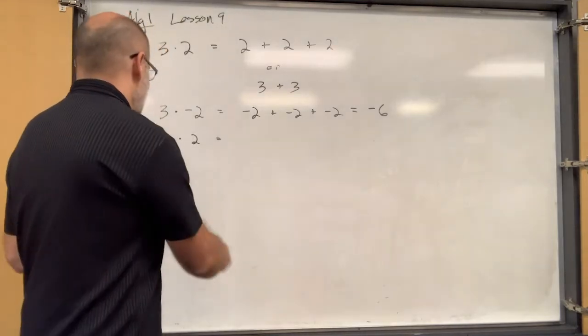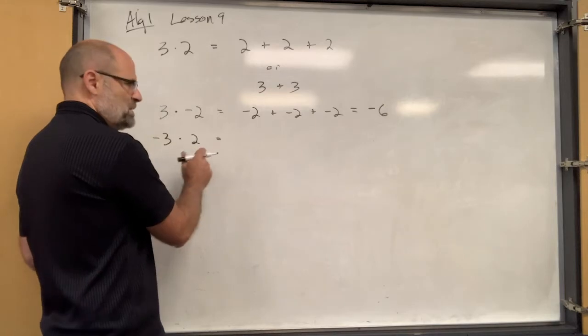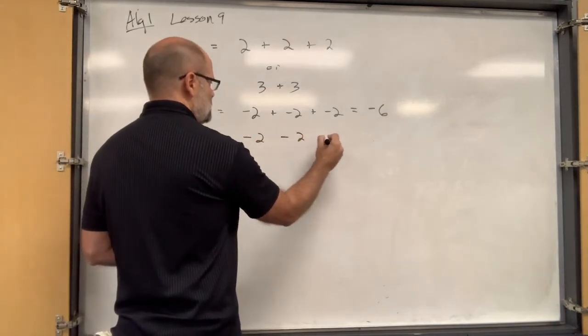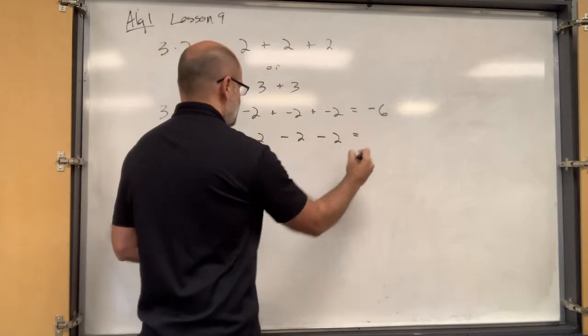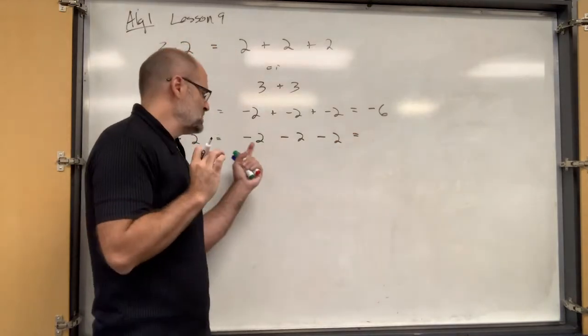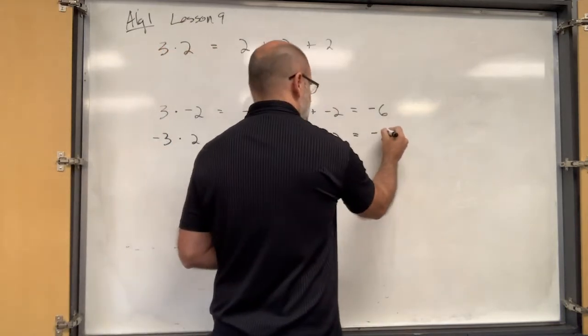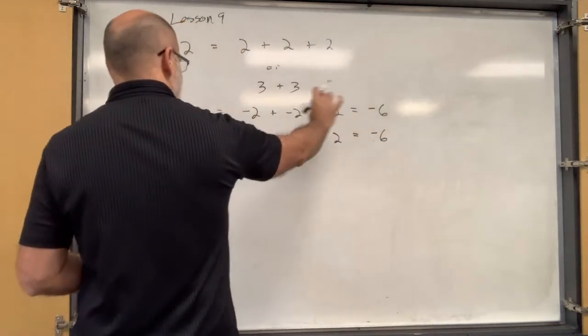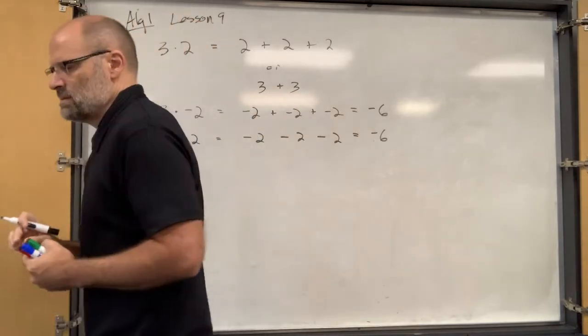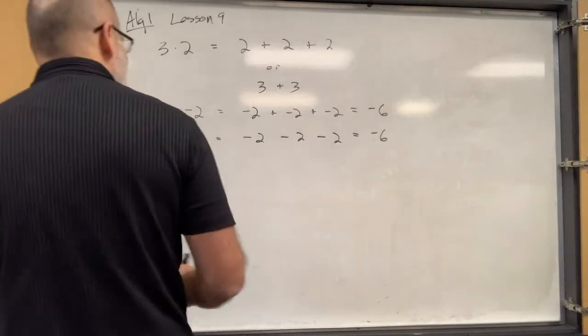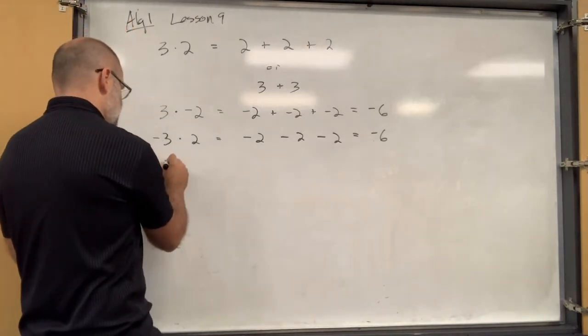Subtraction. So if I'm gonna have -3 2's, I'm gonna subtract 2, subtract 2, subtract 2. So if you're at 0 and you subtract 2, you get to -2, -4, -6. So same thing as 3 -2's.